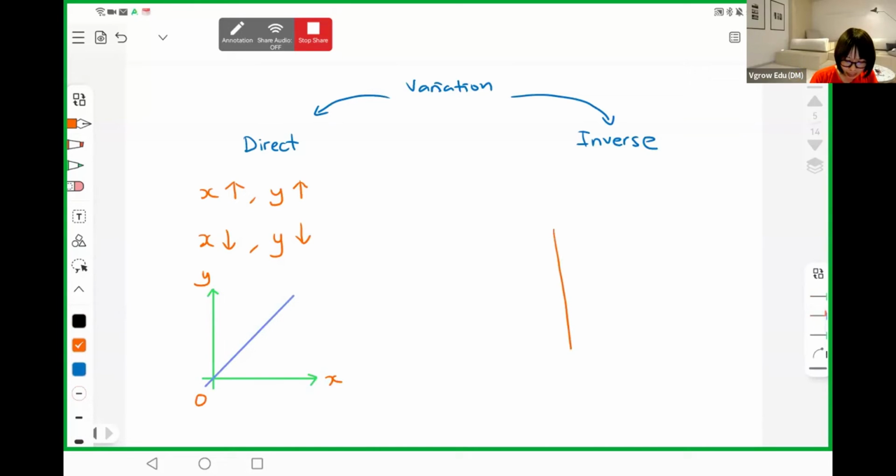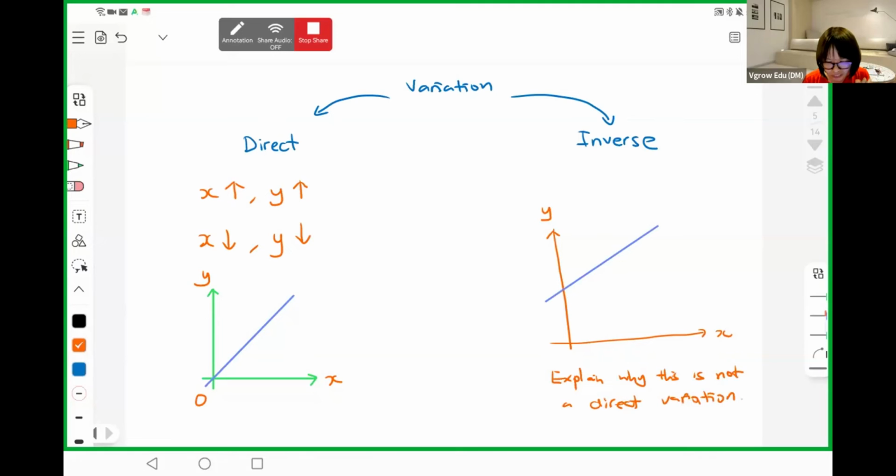Maybe it comes out this year in SPM, your time, they give you a straight line like this. The question: explain why this is not a direct variation. Other people don't know how to do it, but I think now you should know the answer.